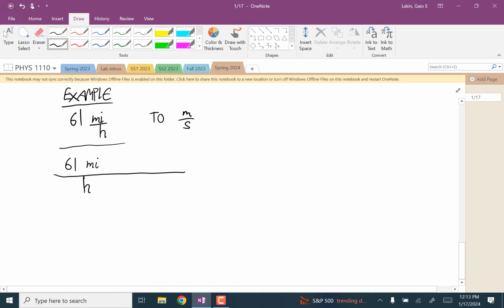The way I'm going to do this is I'm first going to convert miles to meters, and then along that same fraction, I'm going to convert from hours to seconds. The conversions I'm going to use are 1 mile is equal to 1609.344 meters. And then 1 hour is 3,600 seconds.